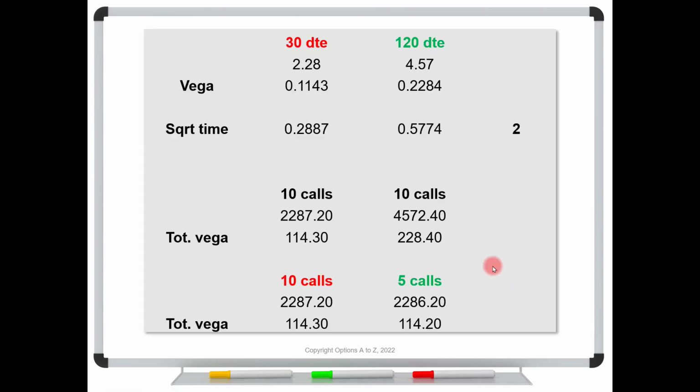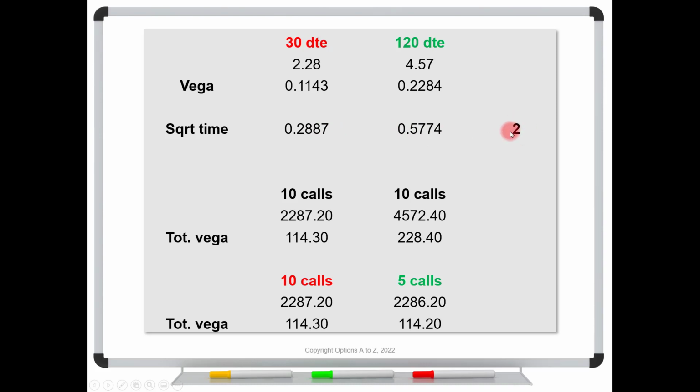So for example, here's the same data. Here's our 30-day option, 228. Here's our 120-day at 457. Here are the Vega numbers that we saw. If we take the square root of time that we just saw, 0.2887 for the 30-day, and we get 0.5774 for the 120-day. If we divide these out, which is what we just saw, we get 2.